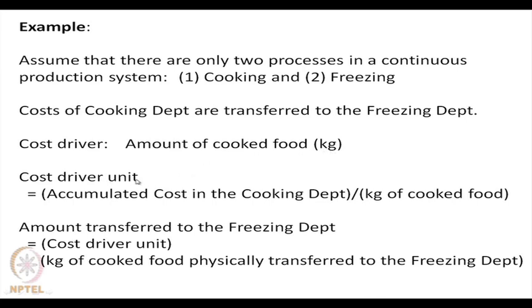The cost driver unit, that is the rate at which the cost driver will be calculated, is the accumulated cost in the cooking department divided by the quantity of cooked food in kilograms. This ratio gives rupees per kilogram as the cost driver unit.